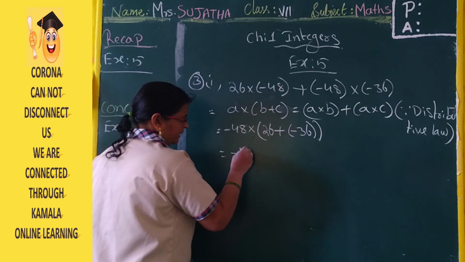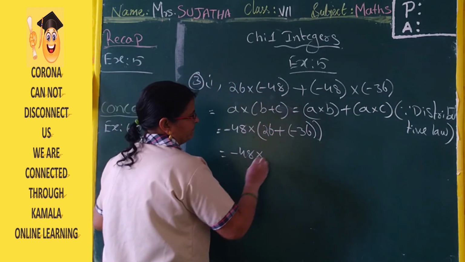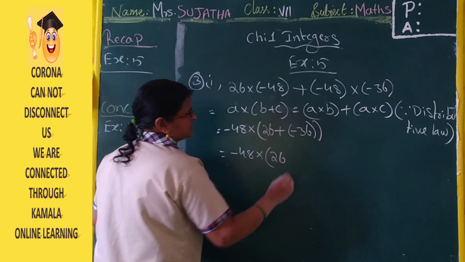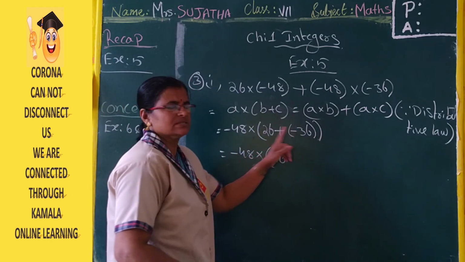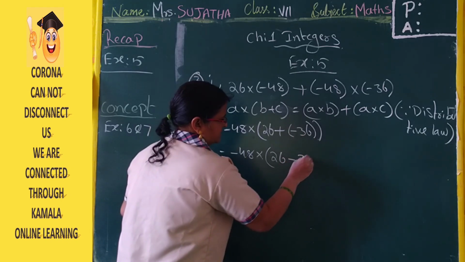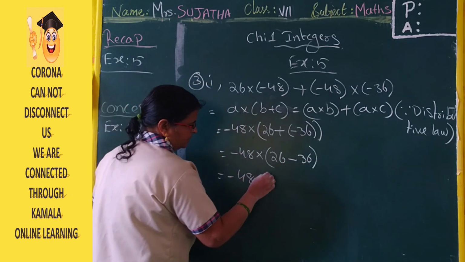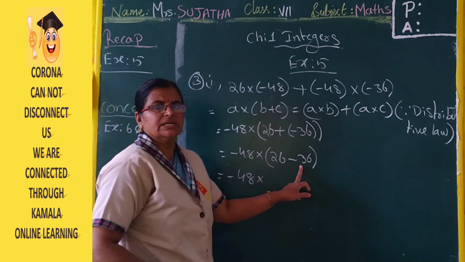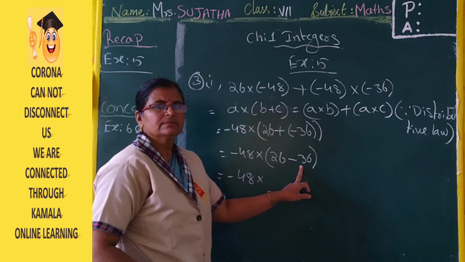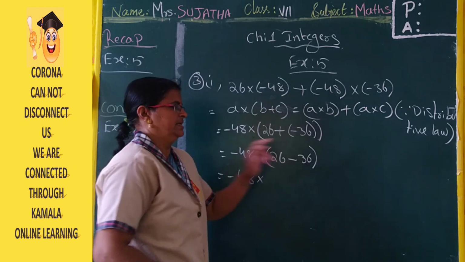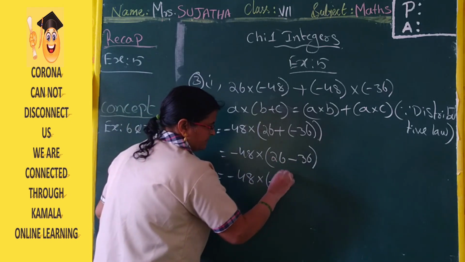Now minus 48 into 26 plus minus 36. Now 26 minus 36, how much will we get? Minus 10. So minus 10 we will get.